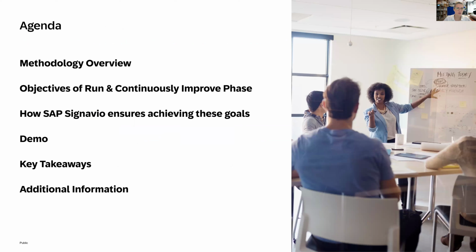So, what's on the agenda for today? We will kick this webcast off by taking a look at the methodology, which is closely interlocked with our SAP capabilities and respective activities, of course. Next, let's understand the objective of the run and also the continuously improve phase with respect to your business process transformation. Then, and since this is a practical guide, let's learn how SAP Signavio actually helps you in achieving such goals.